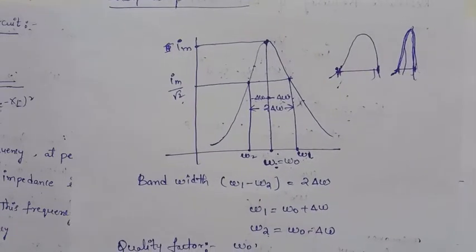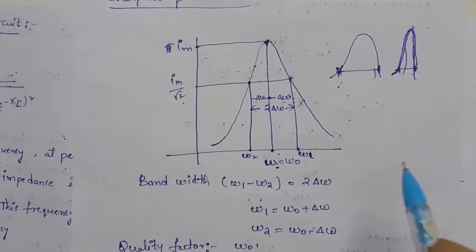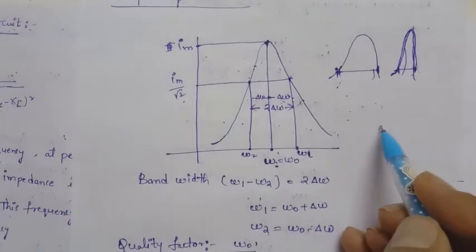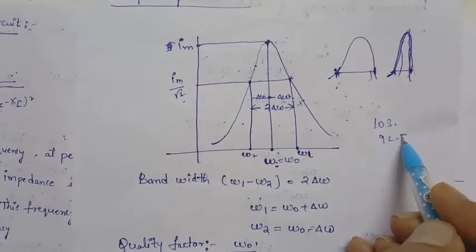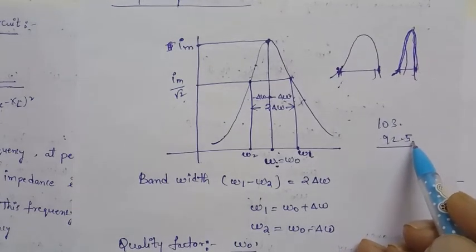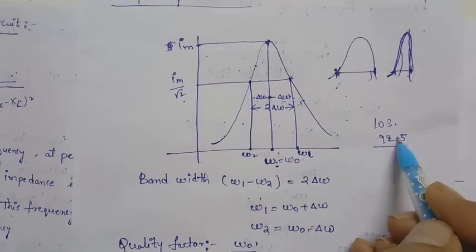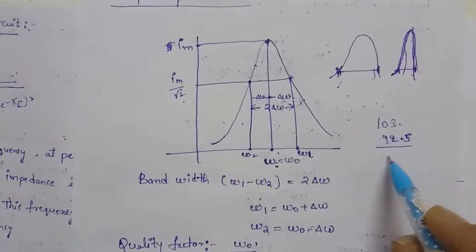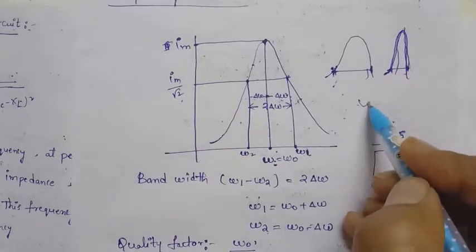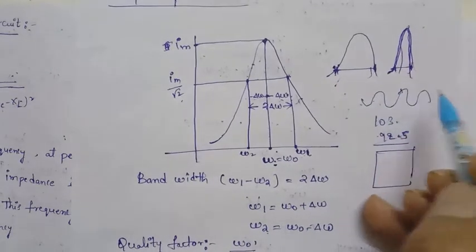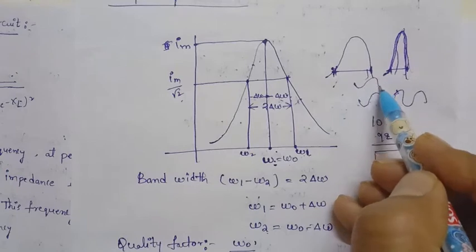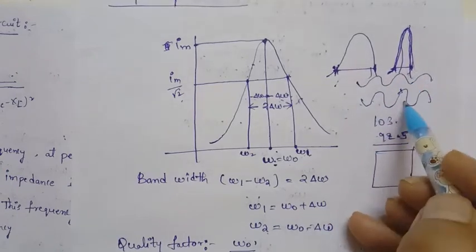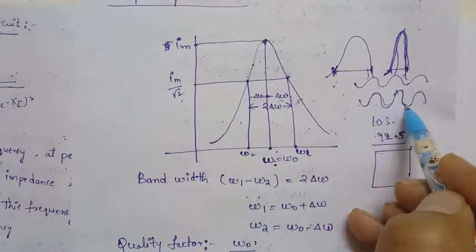Suppose in our mobiles we set the frequency of the radio, say 103 or 92.5 FM, we are adjusting the frequency. Our mobile has some frequency that you adjust, and one source, say 98 or 92.5 FM, also gives some frequency. If these two are at the same frequency, we get good quality.